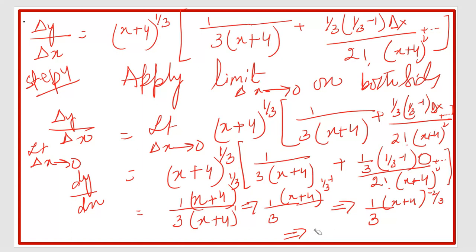I can write it like this, 1 over 3, and take this again to the denominator, x plus 4 whole power, because we are taking it to the denominator, so this negative will be positive now, and this is the answer. If you want, you can directly take numerator 1 by 3 in the denominator, then you do not have to do this step. Directly you will get the answer in positive power. So dy by dx is equal to 1 over 3 into x plus 4 whole power 2 over 3.